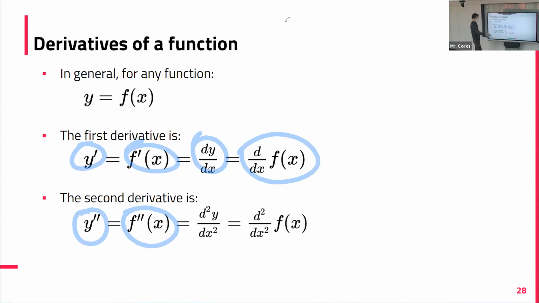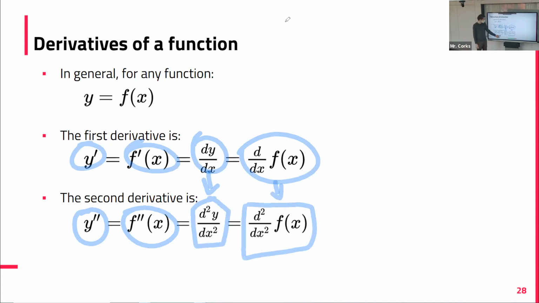The other two are a little weirder. The second derivative version of this is this. We read it as d squared y over dx squared, but it's not actually an exponent. It's not actually a fraction. That whole thing just means second derivative. You just need to memorize that whole thing as a block. And then the f of x version is similar, but with f of x written out on the side.